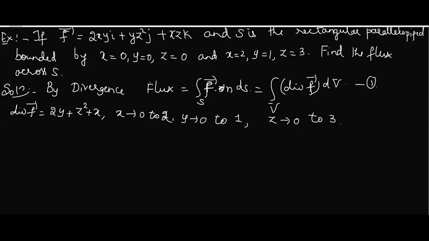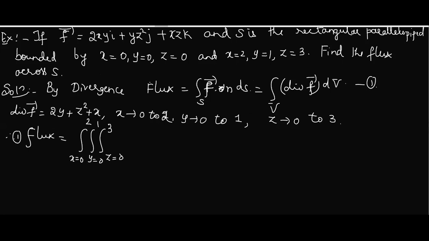Let us substitute in equation 1. Therefore, equation 1 becomes, flux is equal to integration. Shall I write a triple integration only? You are aware how to take it? You can take any order. Shall I take in order x, y, z?